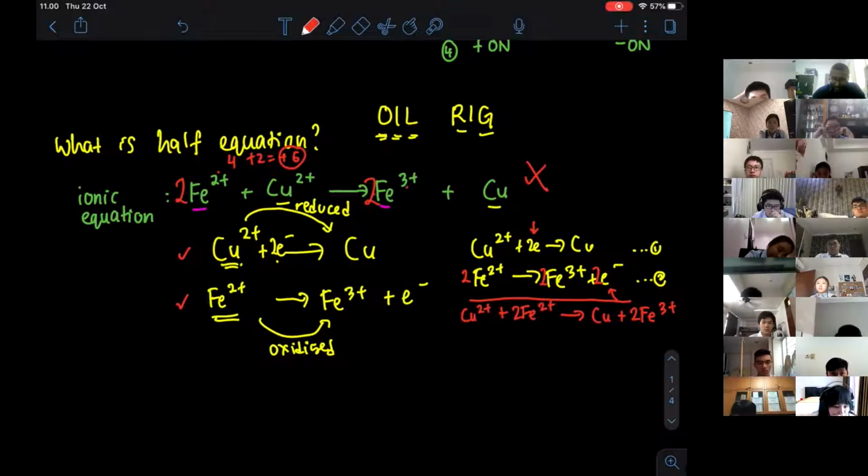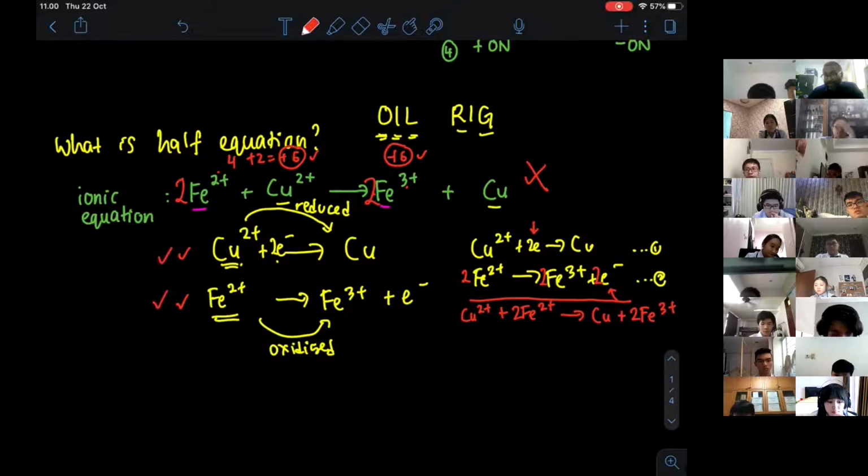On the right, 2 times 3 is going to be plus 6, and no charge for Cu. So you can see plus 6 and plus 6. The charges are okay. So that is the way that we write it. So do remember, for an ionic equation, if you want to balance, please balance according to the half equations.